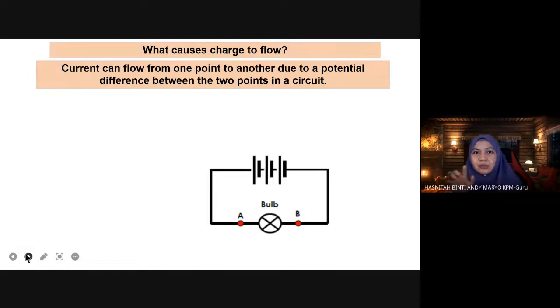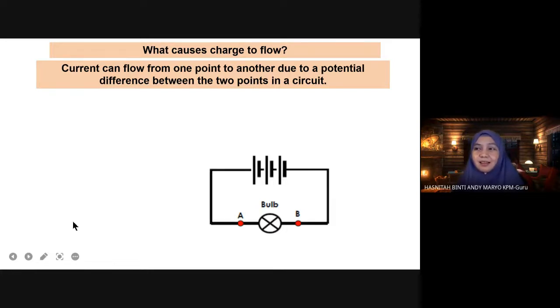And for this one, one is the positive terminal, another one is the negative terminal. So it creates a potential difference, an electric potential difference. That is the reason why charges or electrons can flow. And finally, due to the flow of charges, it produces electric current. Are you clear now, students?